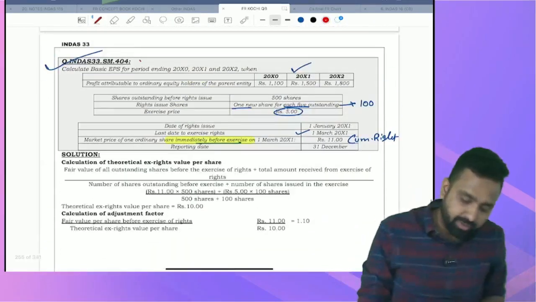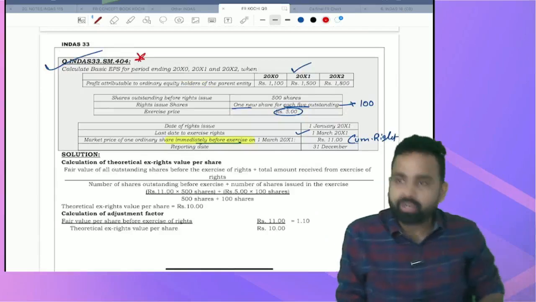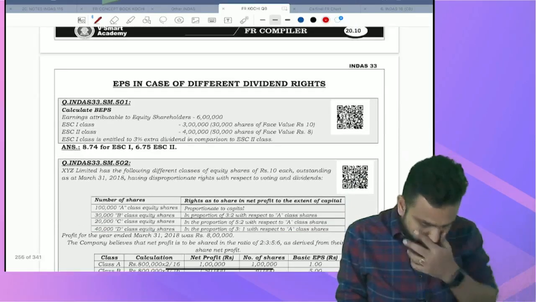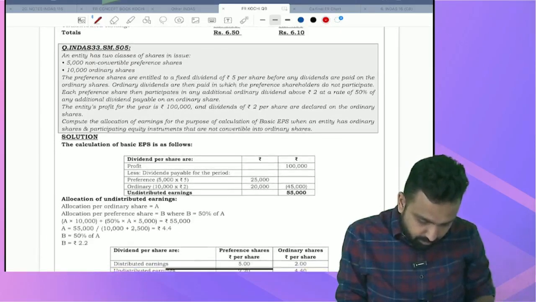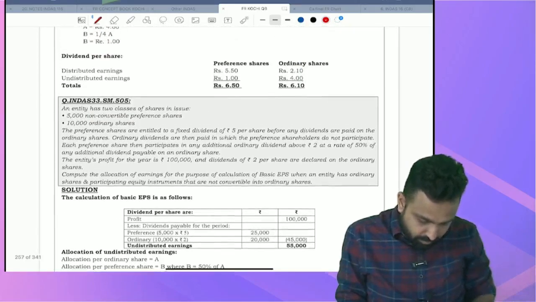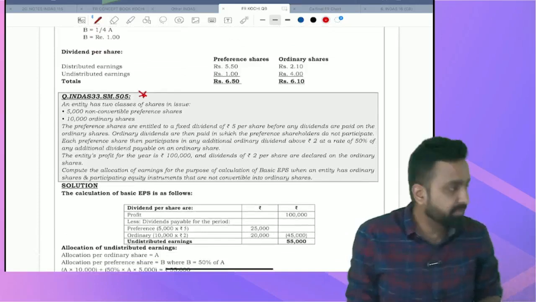Right issue we already did. 404, we already discussed. Question number 505.